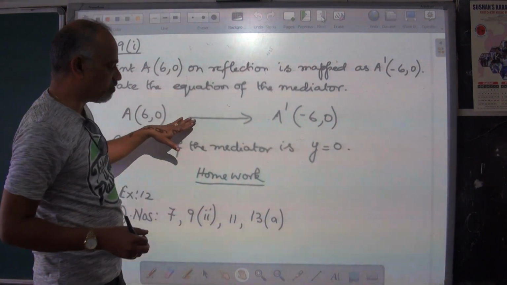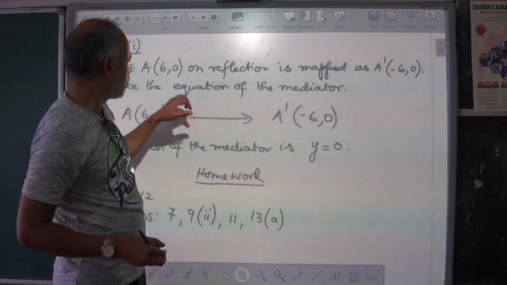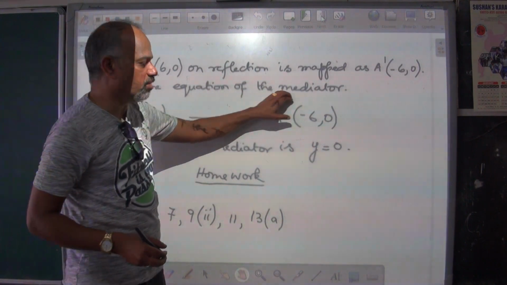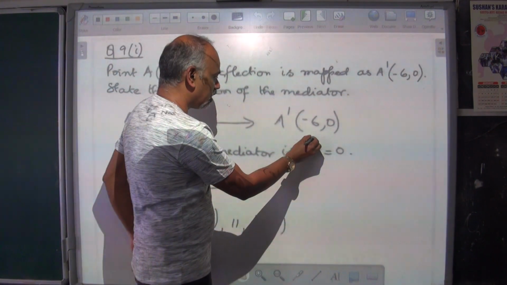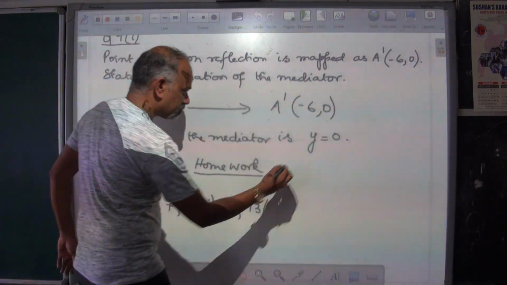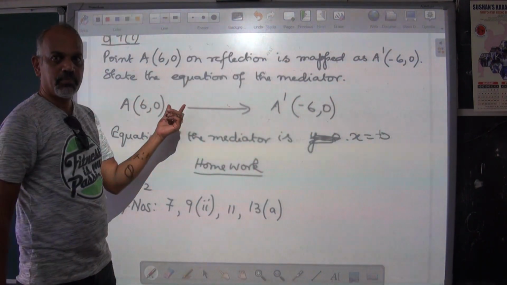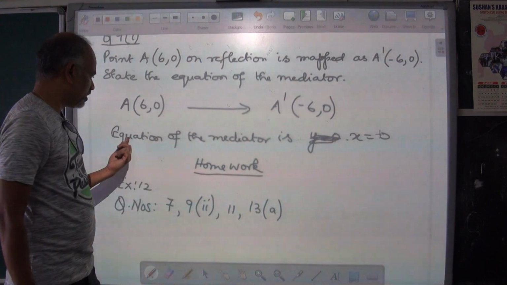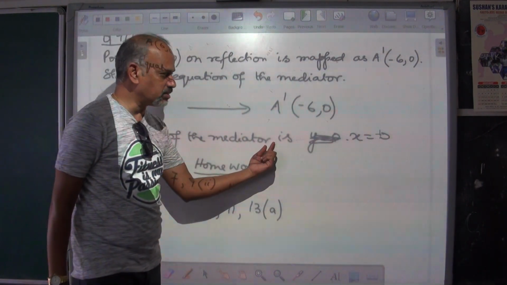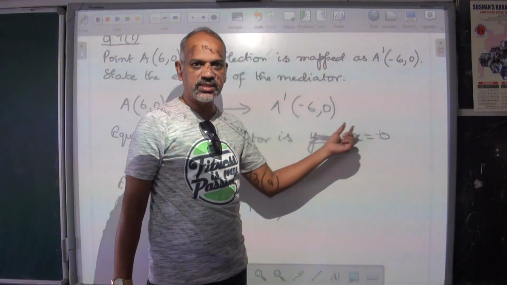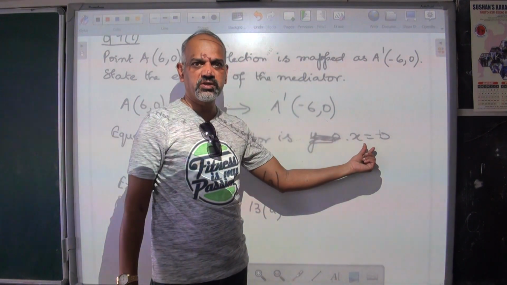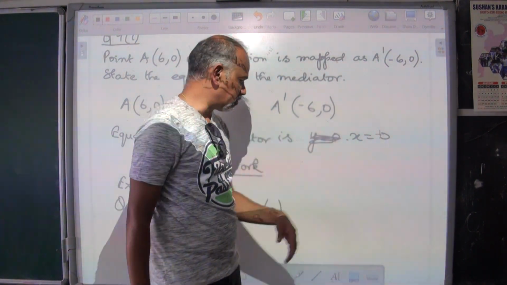The question is, state the equation of the mediator. Because it was the y-axis, the equation of the mediator is x is equal to 0. It is the y-axis, therefore the equation of that is x is equal to 0.